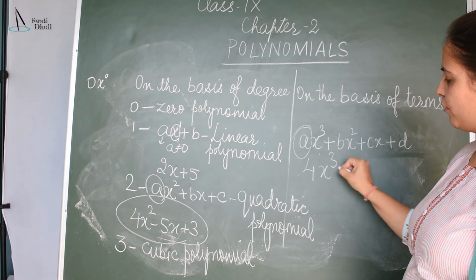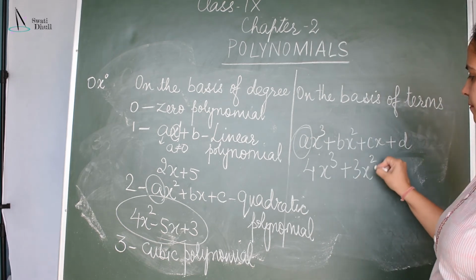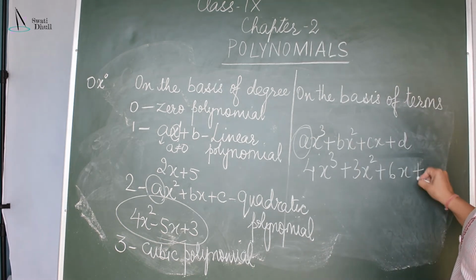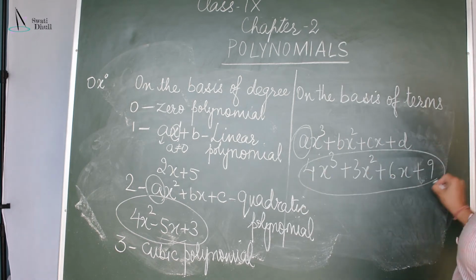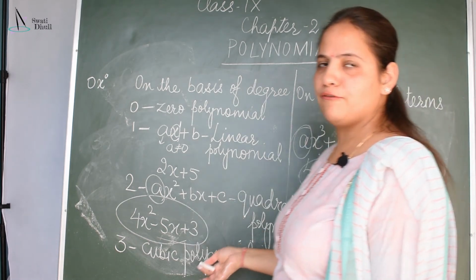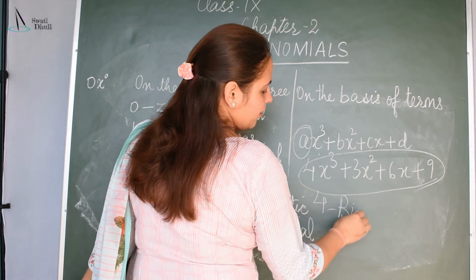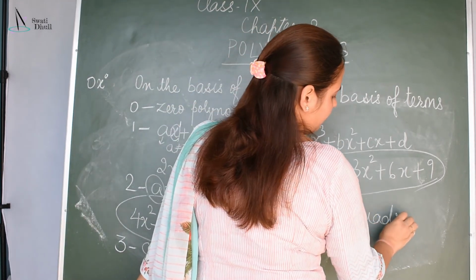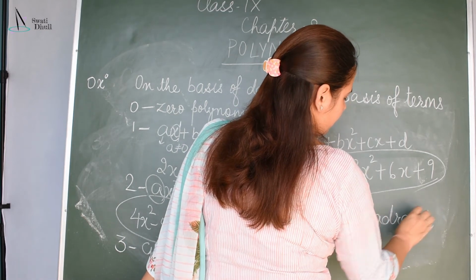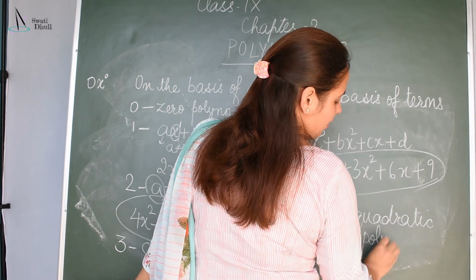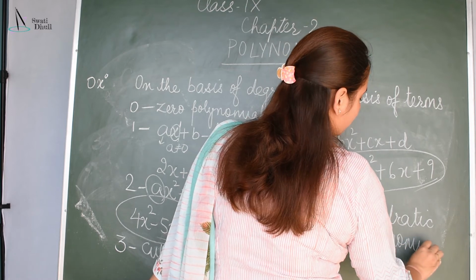For example, you can take 4x cube plus 3x square plus 6x plus 9. It is a cubic polynomial. When the degree is 4, it is known as a biquadratic polynomial, when you have the highest degree as 4.